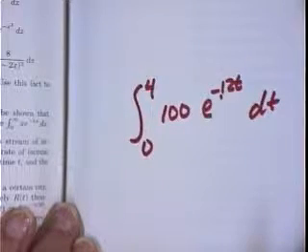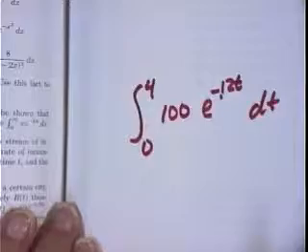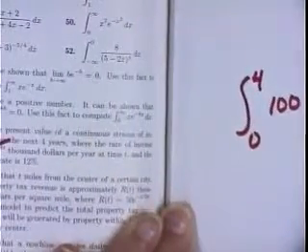Does that make sense, everybody? Why is the 12 negative? Because we're going to the present value. We're looking at a PV as opposed to a FV. FV is positive, e to the positive 0.12 t. If you're going to a present value, you're discounting. You're moving to the left. All right, everybody good? Everybody happy?